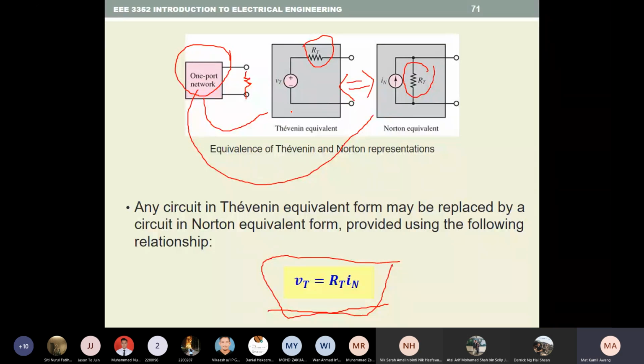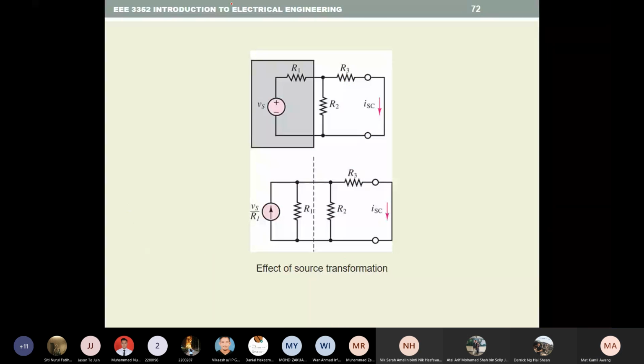If you want to transform Thevenin to Norton, then In is equal to V Thevenin over R Thevenin. So use V equal to IR, or I equal to V over R. So this is the effect of source transformation.